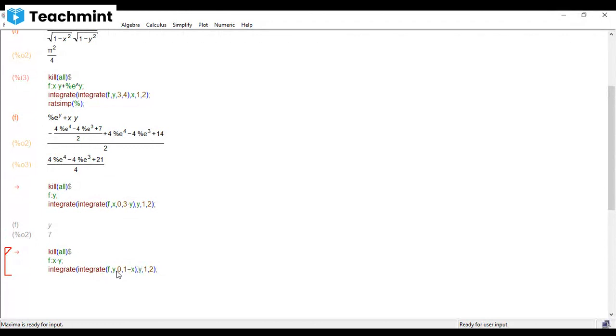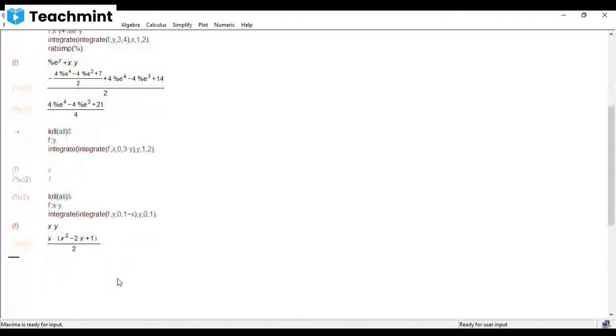And then the limit for x is from 0 to 1. Oh sorry, here this should be x. X varies from 0 to 1. Okay, 1 by 24. That's the answer which we got.